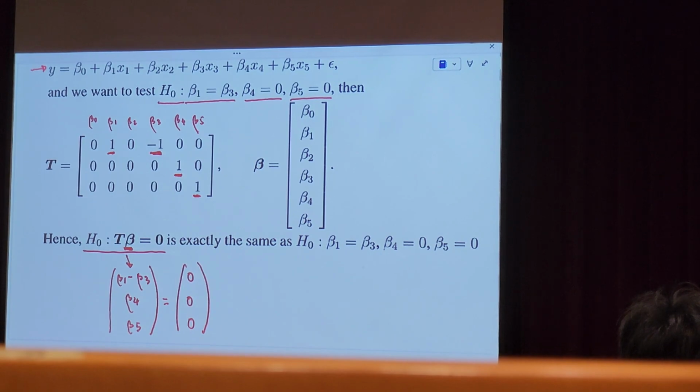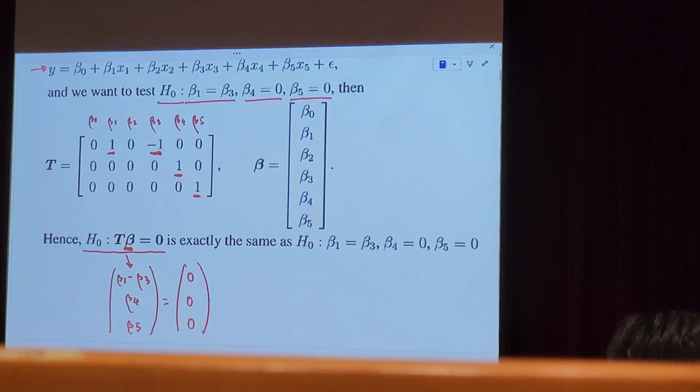So you can see that the T matrix we can figure out easily. And when you multiply by beta, you will get exactly what we want to test. The first line tests whether beta 1 minus beta 3 is equal to 0 or not.